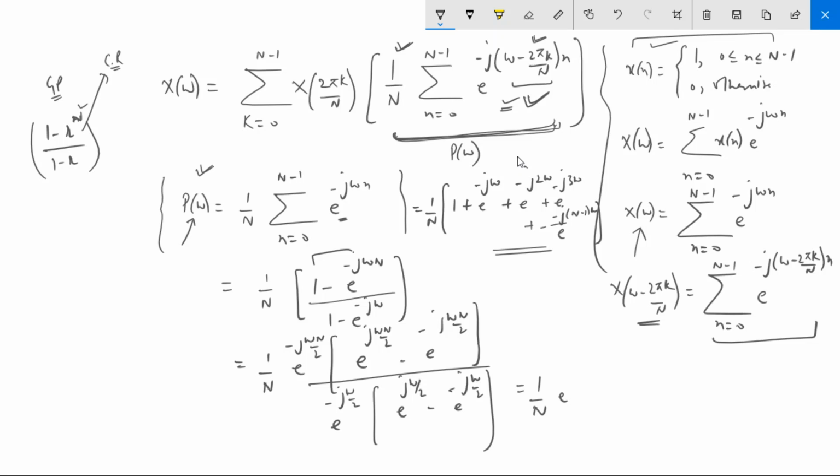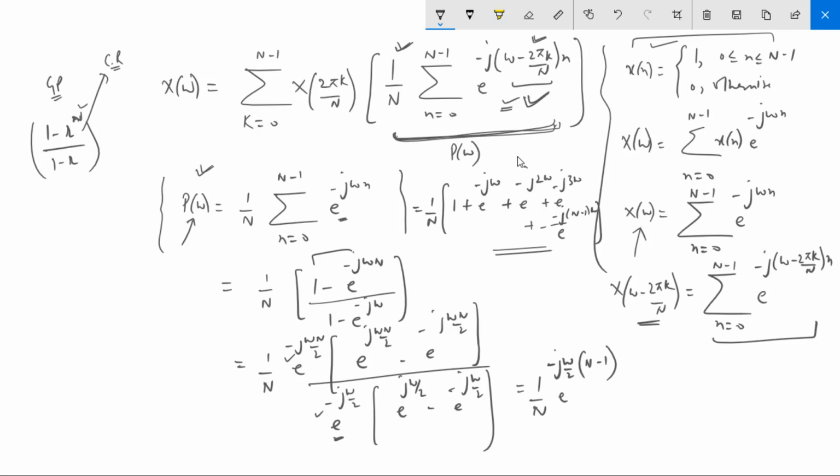Now if you take e raised to power minus j omega by 2 in the numerator, it will become e raised to power j omega by 2. Between these two factors, you can take minus j omega by 2 as common, and what you will get inside is N minus 1.